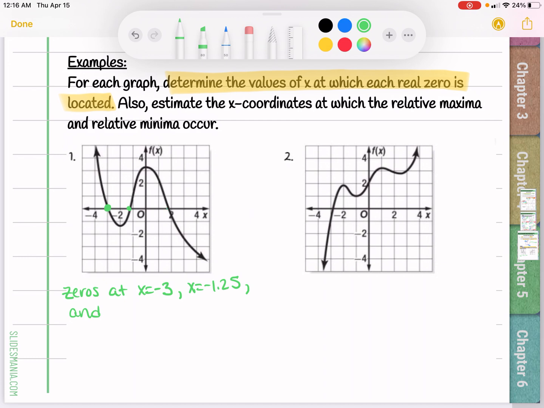And there's one more right here, close to 2, so I'm going to estimate it at x equals 1.75. Again, I'm just estimating, but that one's closer to 2. So this one has 3 zeros, and these are their locations. Again, zeros are your x-intercepts.